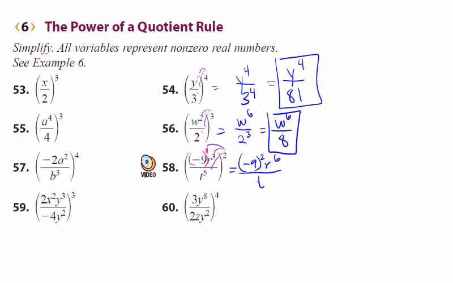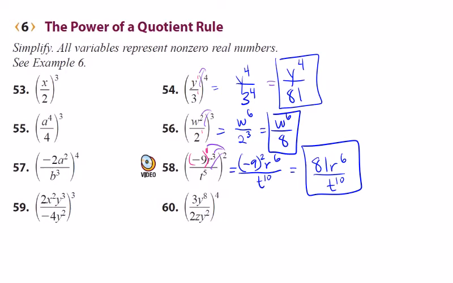And then t to the 10th power, right? 2 times 5 is 10. Okay, and then negative 9 squared is 81. And then everything else just comes on over. Okay, so that's how we do the power of a quotient rule.